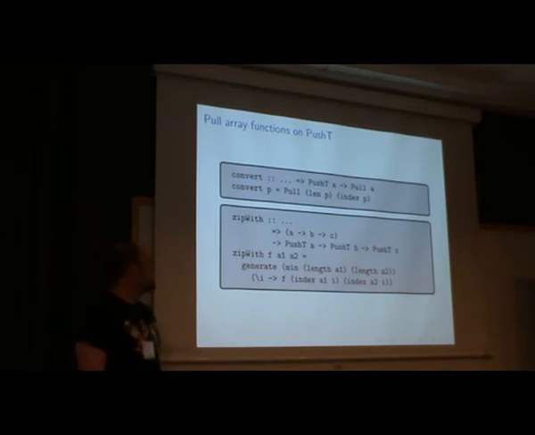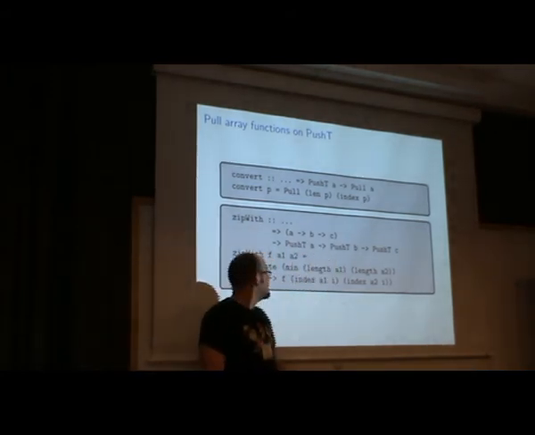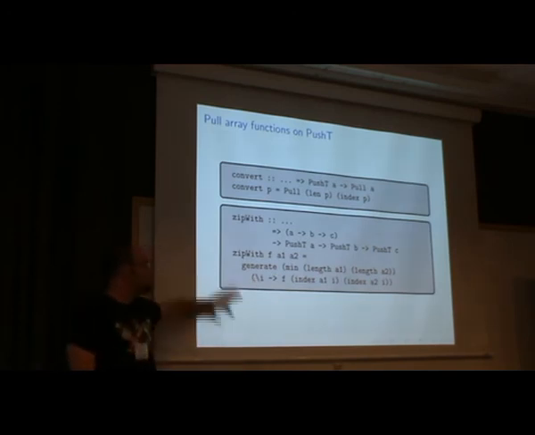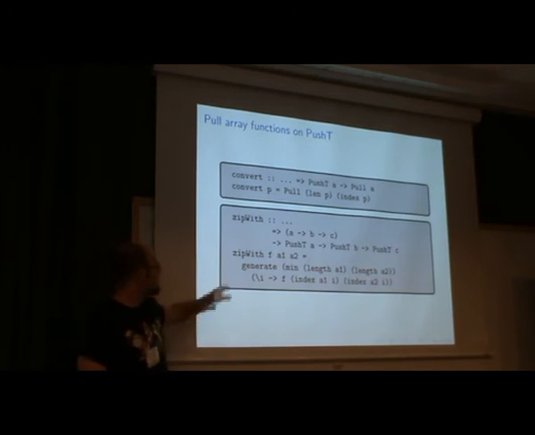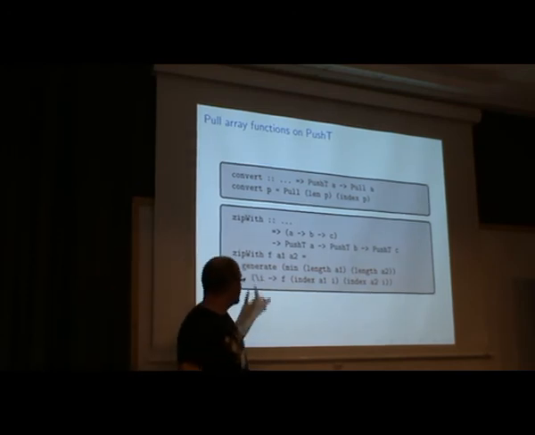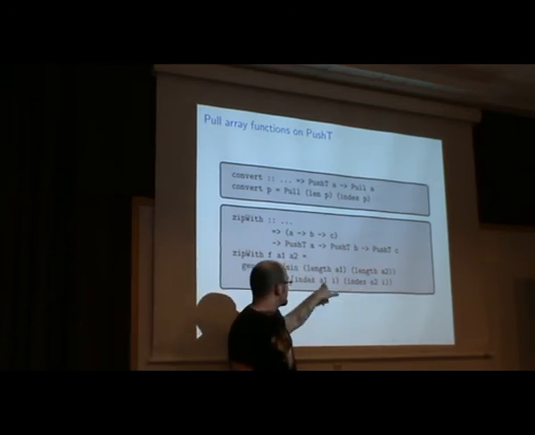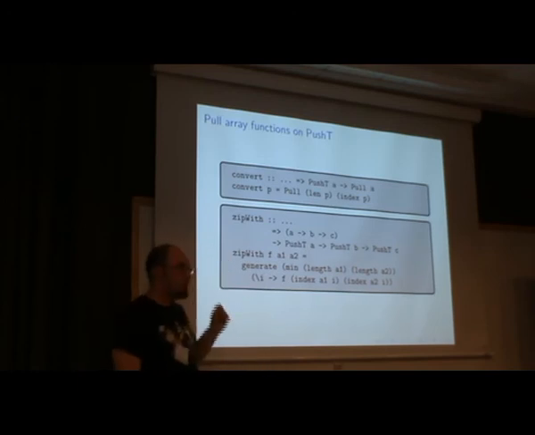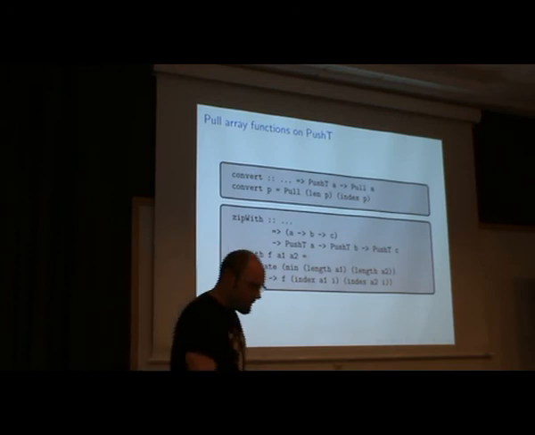So we can now have a zip width function which has push T arrays as input and a push T array as output. And there is more than one way to implement this one. This one uses generate, which gets you an index and looks up, using the indexing function, in these two arguments. Another way would be to use imap over the first one and indexing into the second one in the body.